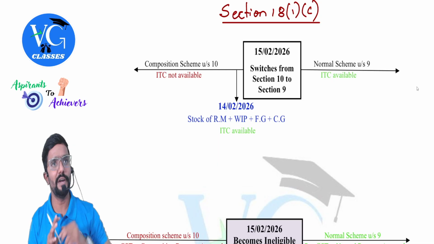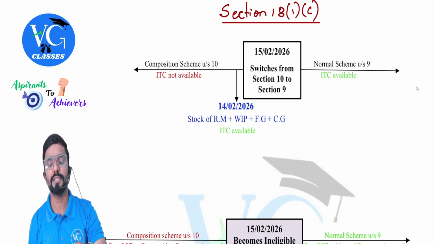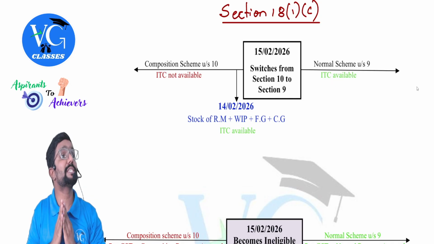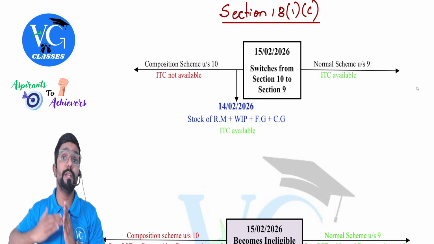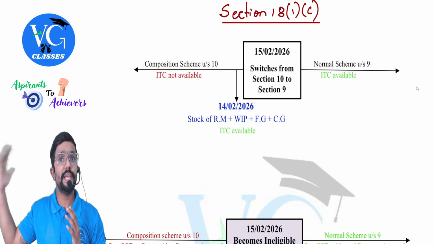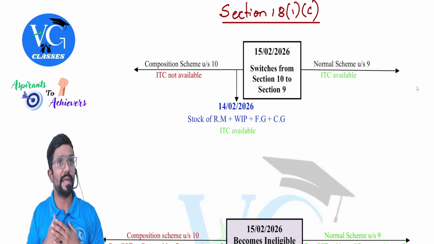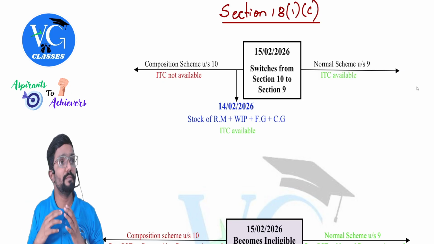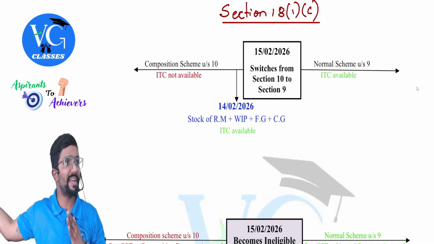Okay, this point we have already learned. Now what I'm trying to tell is, what I am liable to pay on my outward supply is called output tax. What I have paid on my inward supply is called input tax. Now see, there can be two types of inward supply. One is taxable under FCM, that is forward charge mechanism, where my supplier is liable to pay GST.